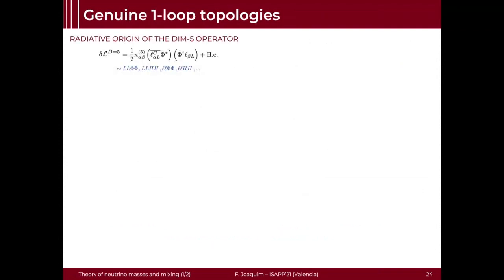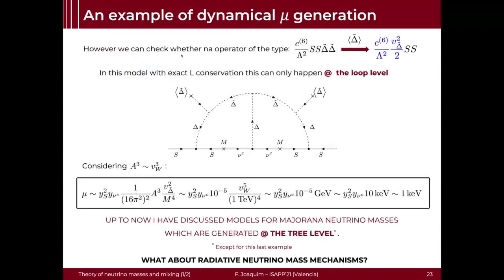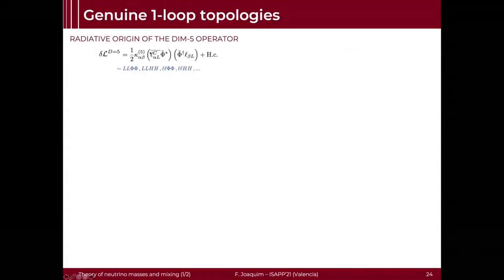Okay, so again, I'm interested in realizations of the Weinberg operator whose origin is not at the tree level, as we have seen for the type 1, type 2, type 3, and the inverse seesaw, but at the loop level. So let me just discuss very briefly the one loop case.